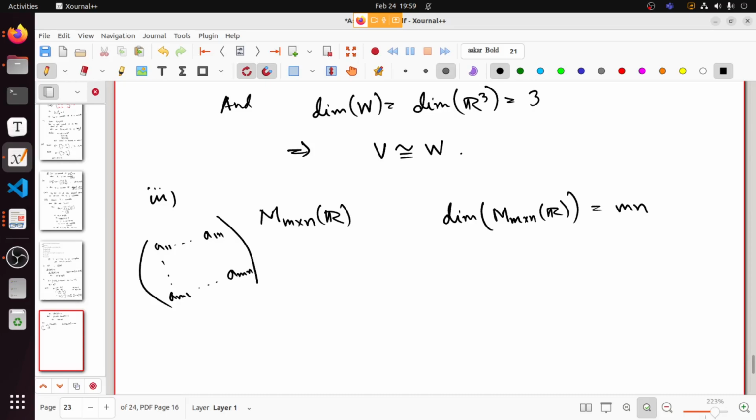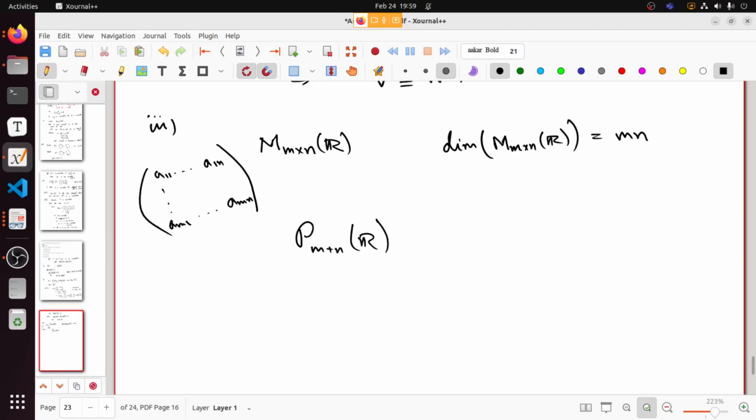And what is the other one? P m plus n, right? So what is the dimension of P? You can see that this is spanned by 1, x, x square, up to x to the power m plus n, and all these are linearly independent.